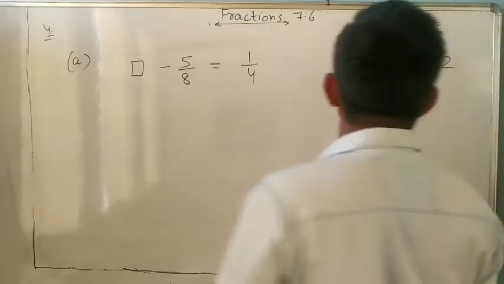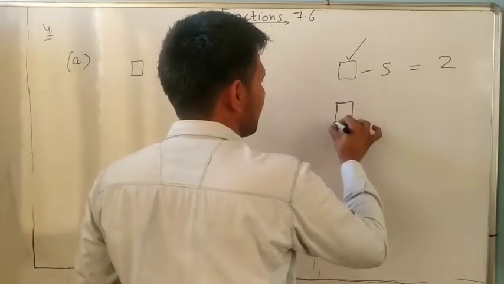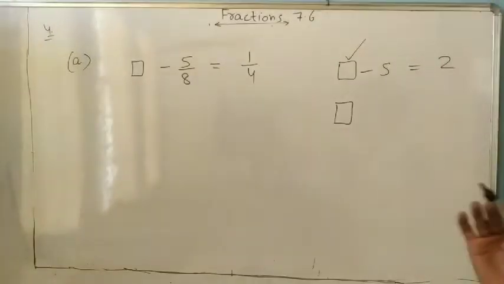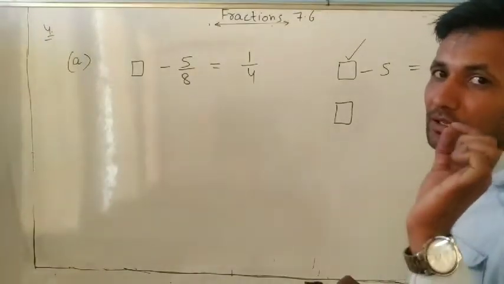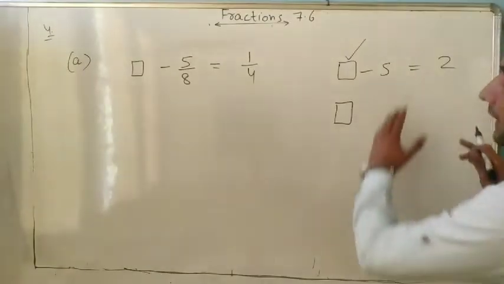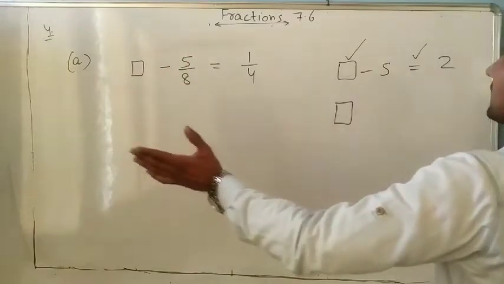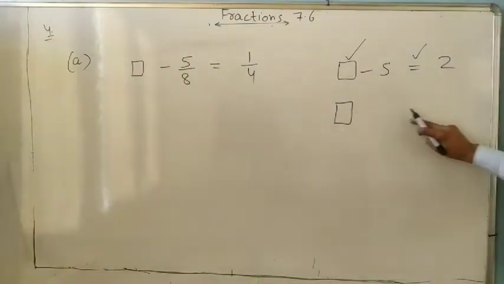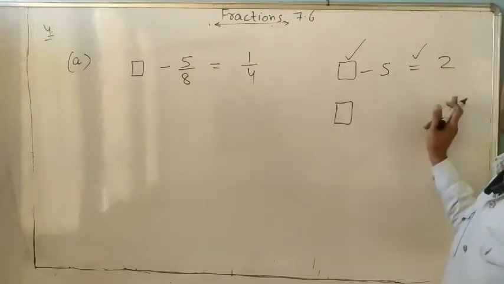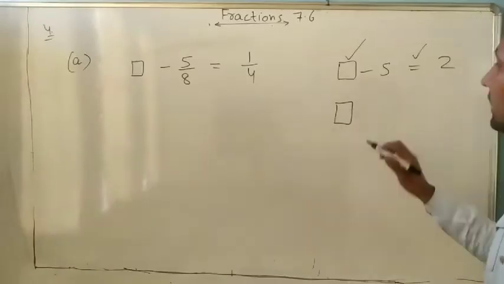So like this one, how will you find? Listen carefully. Whenever we change the position, remember this point, okay? There is a left side and a right side of the equal sign. Whenever we change the position of any number from left to right or right to left, the sign is always changed.